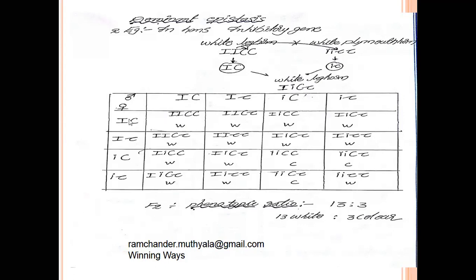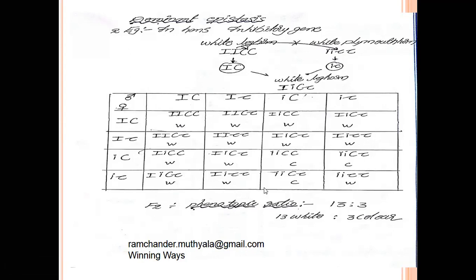These are crossed with the similar F1 parent, which also produces 4 different types of gametes: capital I, capital C; capital I, small c; small i, capital C; small i, small c. These gametes are crossed to form the F2 generation.